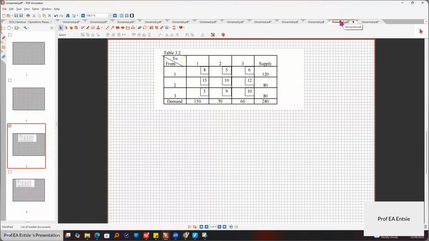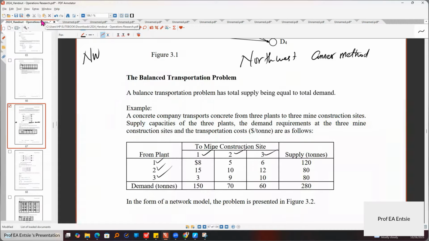Then this is how the problem will look. So this problem is a balanced transportation problem because the total supply is equal to the total demand.